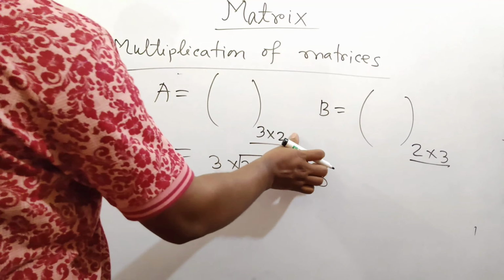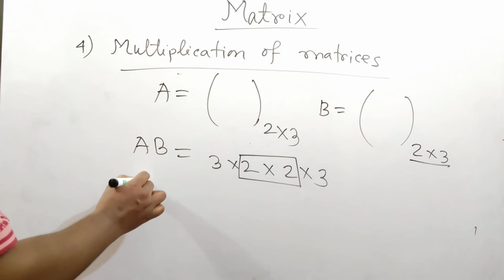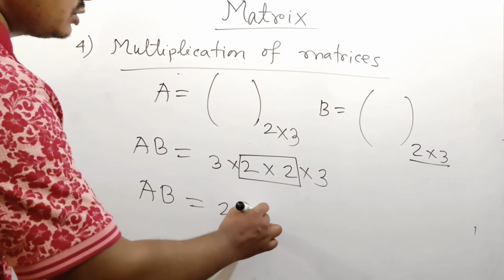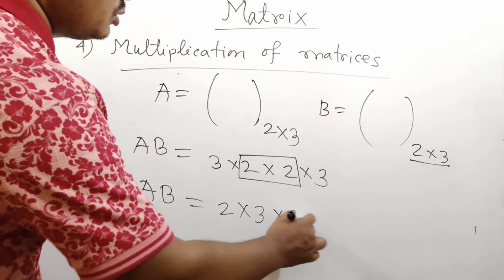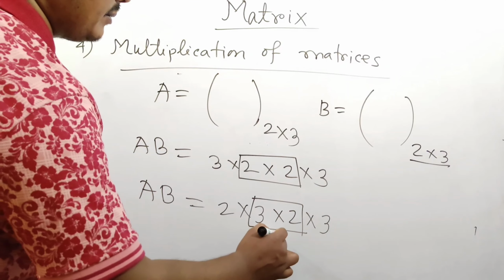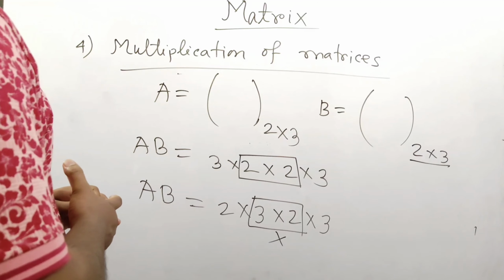For example, if the question asks to find AB, and it is 2 by 3 multiplied by 2 by 3, look here, the inner numbers are not the same. In that case you cannot multiply matrix A and B.